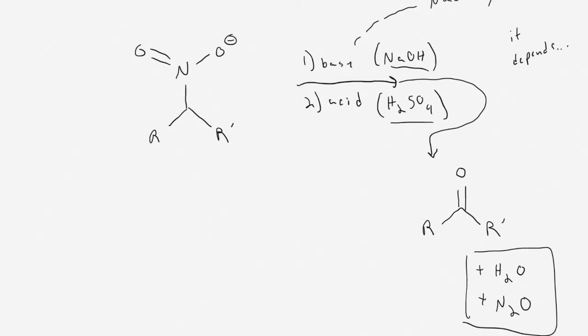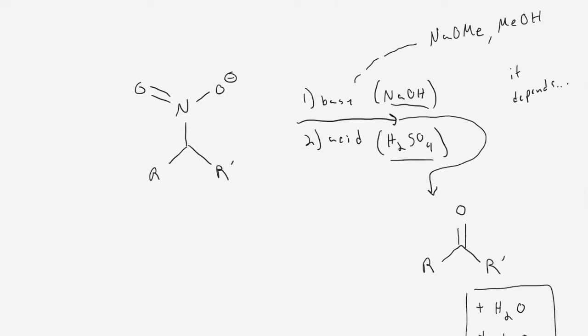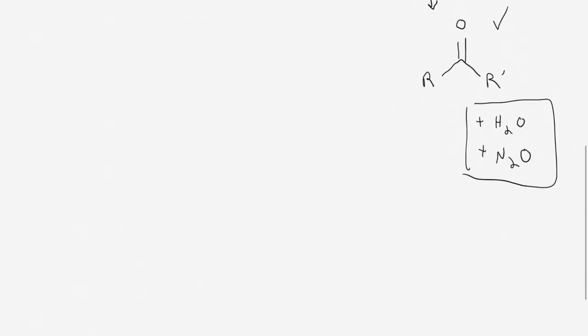These two components here we'll talk about more, but just keep in mind that these two bits here are important to think about going forward. So overall mechanism, we start with a nitroalkane salt. We use base, acid. We get a carbonyl group, either a ketone or an aldehyde.